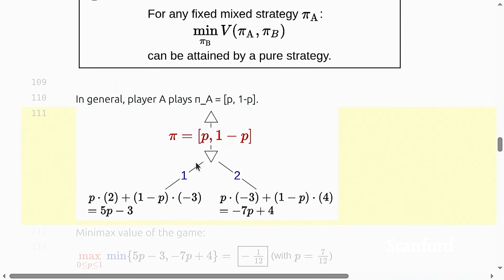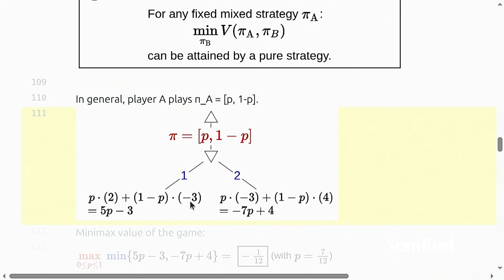So if player A plays P, 1 minus P, and player B plays 1, then the game value is basically P times 2 plus 1 minus P times minus 3. Okay, so just to write this out here.